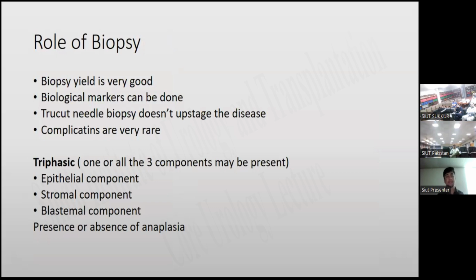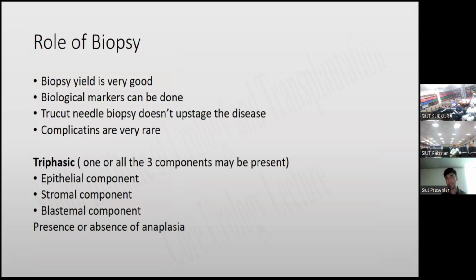So, as I said, in the SIOP protocol, we take the needle biopsy before deciding on treatment for the patient. The benefit of the biopsy is that we can do biological studies. And according to SIOP guidelines, the needle biopsy does not upstage the disease as well. The complications associated with needle biopsy are very, very rare.